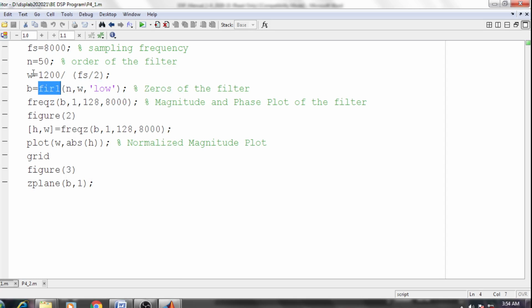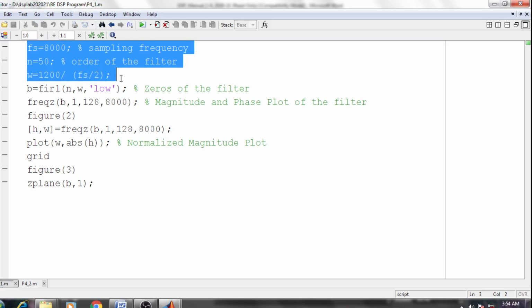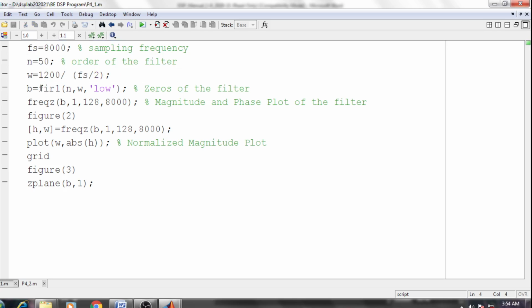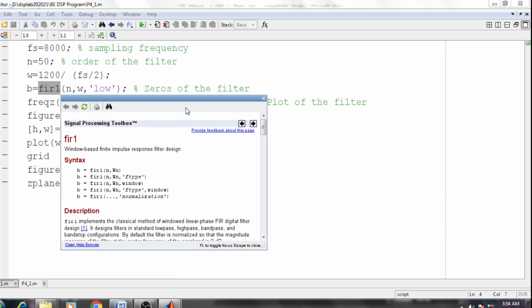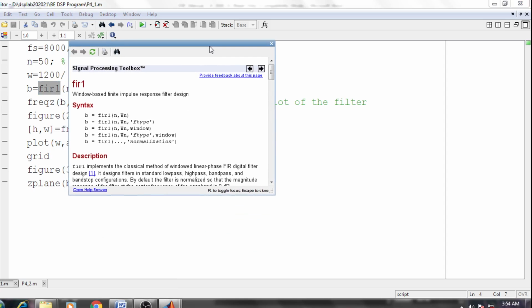Up till now we have decided three things: the sampling frequency, the order of the filter, and the W, meaning omega. Now the coefficients of the filter will be decided with the help of the FIR1 function. It helps you to calculate it. Here we go over the MATLAB function. I am expanding the window.